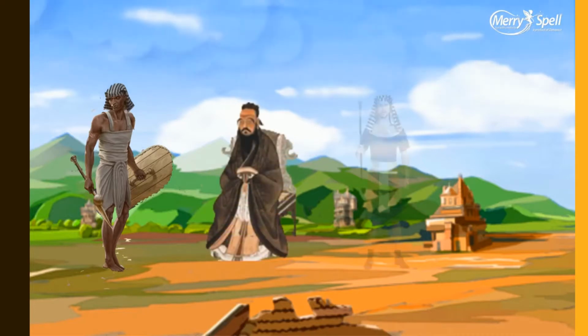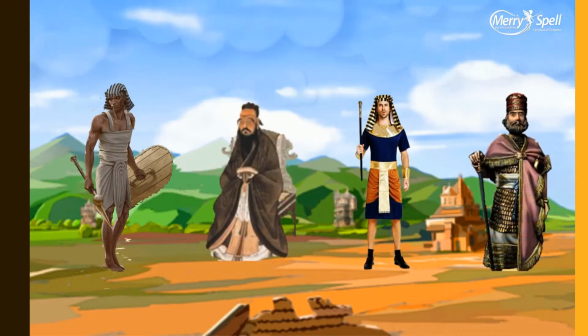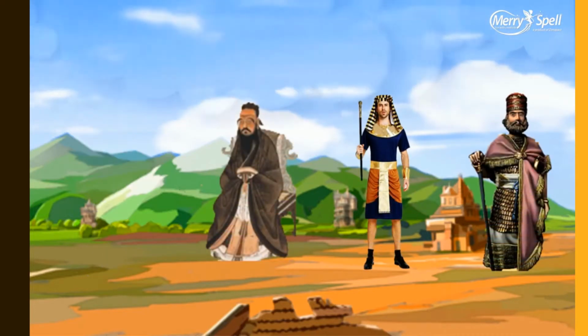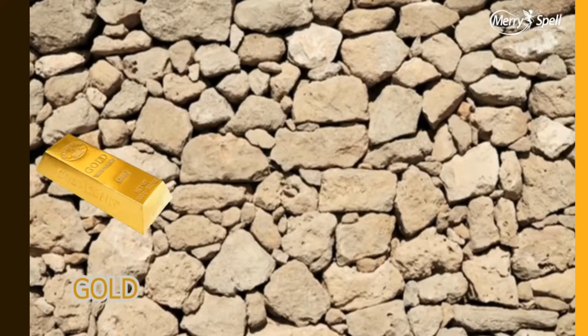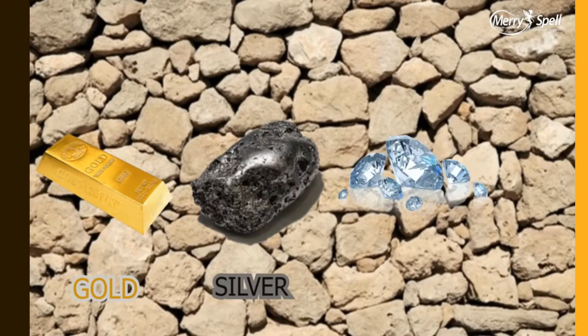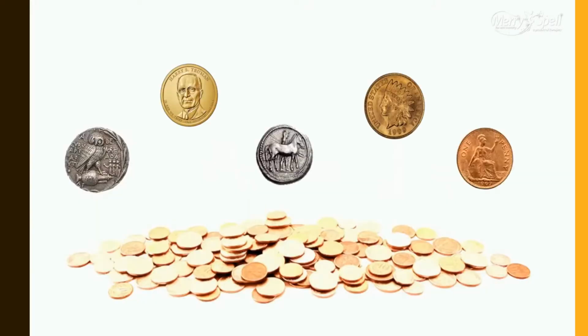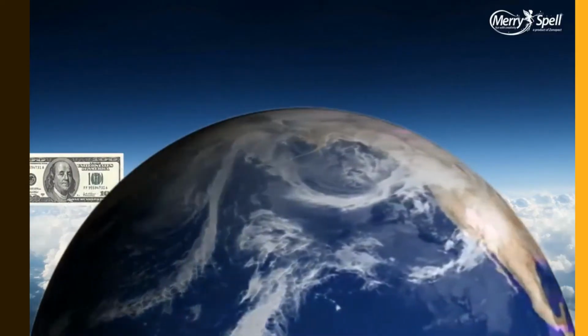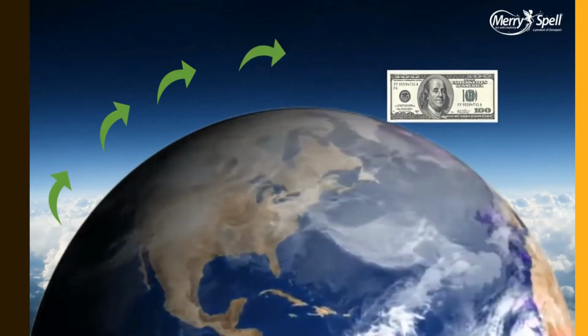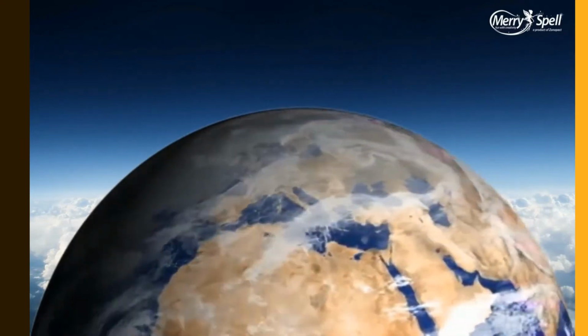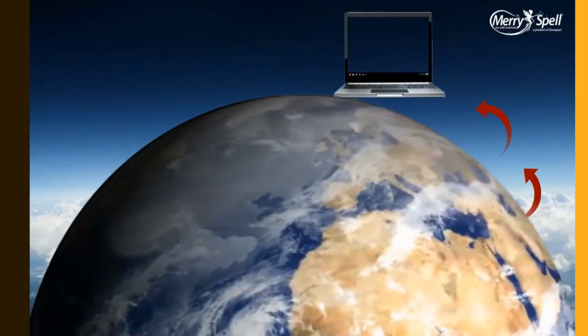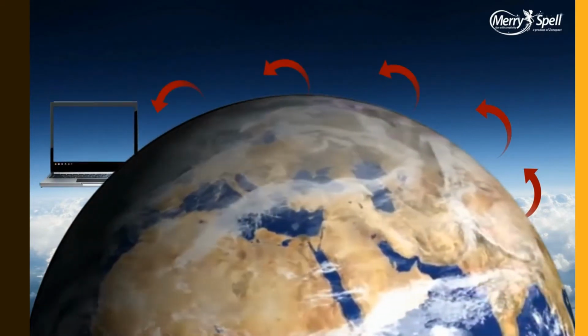As the civilizations evolved, the most valuable thing available to make the currency was metal: gold, silver, diamonds, and platinum. These valuable metals were recognized as precious throughout the world and made way for long-distance trade and the modern monetary system that uses fiat paper currency.